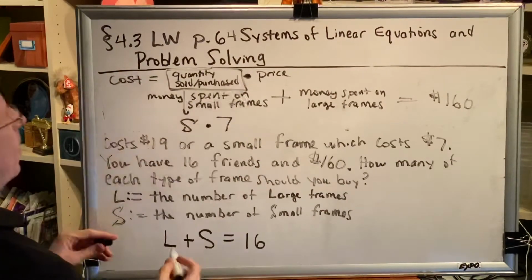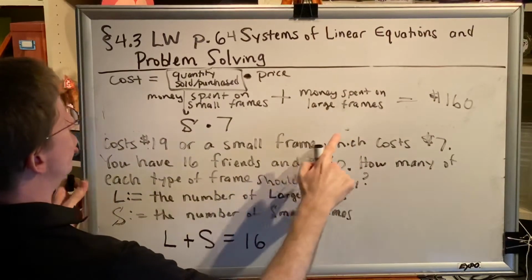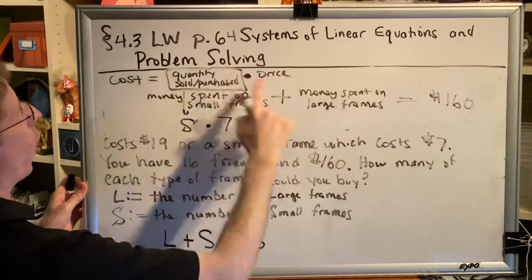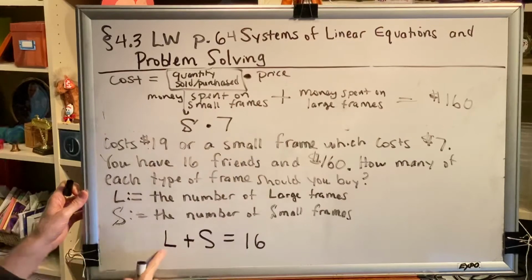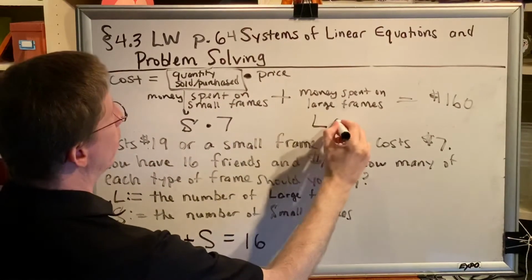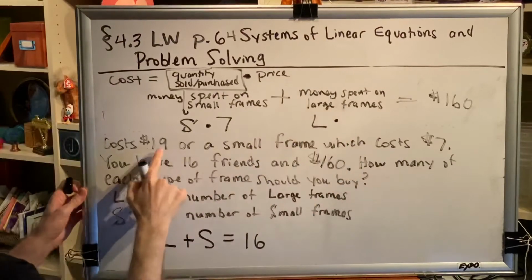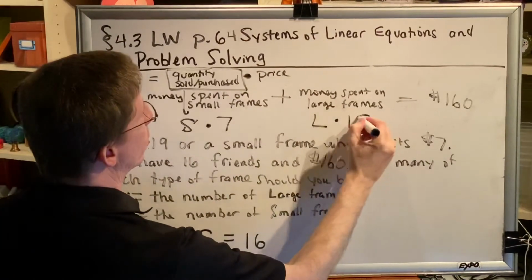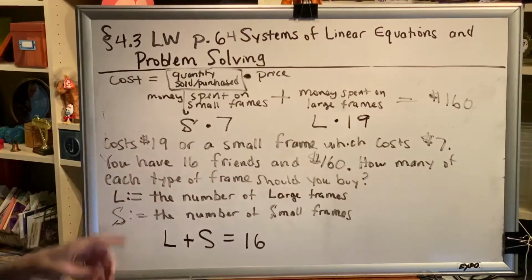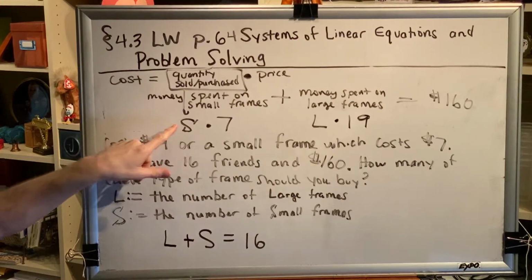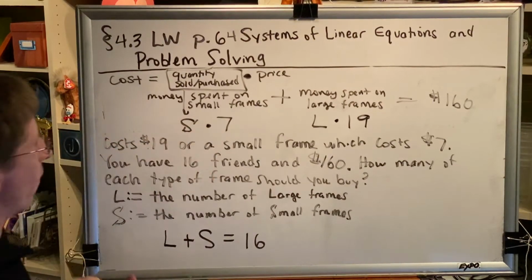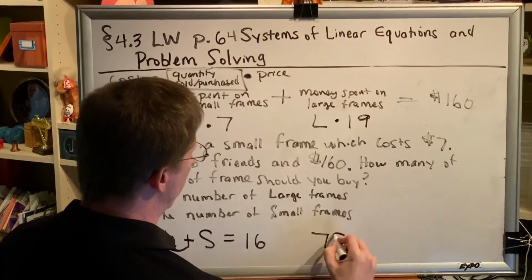Okay, now let's do the same thing for the large frames. So we need to know the quantity of large frames purchased. Well, that would be L. We need to know the price of a large frame. That would be this $19. So the amount of money we're spending on small frames is S times 7, which we can write as 7S.